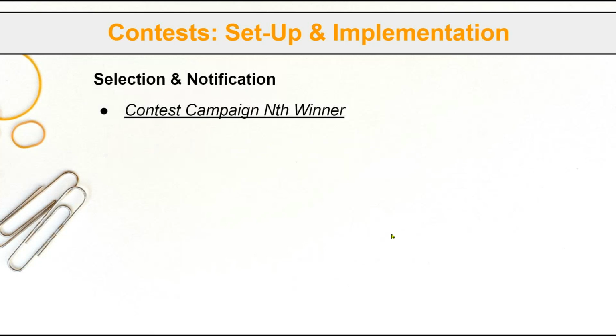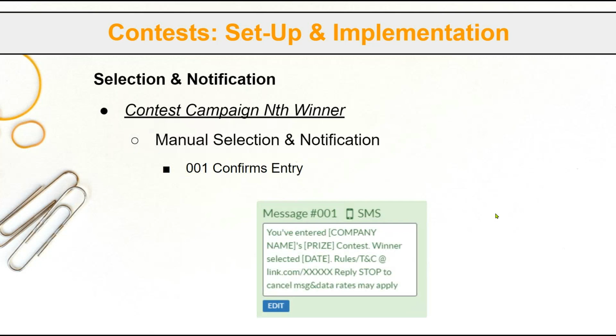In contest nth winner campaigns set to manual, the 001 message confirms the entry. This is the message they receive that confirms their entry into the campaign. It's advised you construct this so it includes the company's name, what they're opting into, the date that the winner will be selected, and links to any of the terms and conditions and rules for the contest itself.